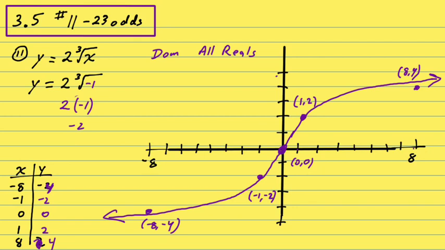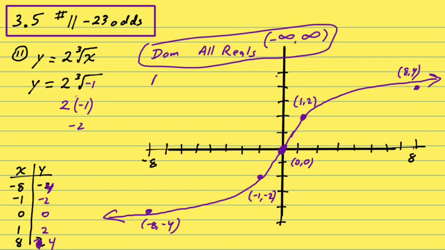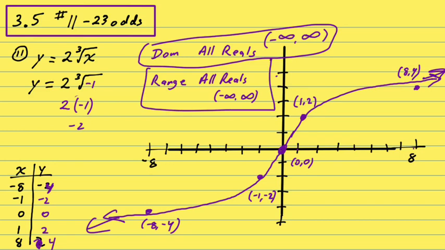All reals sometimes is indicated negative infinity to infinity. How about the range? Does this continue upward and downwards? I think it does down and it does continue up. So again, all reals, or negative infinity to infinity. So there's domain and range.